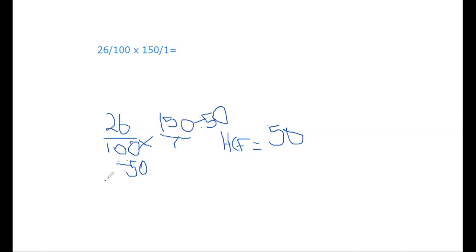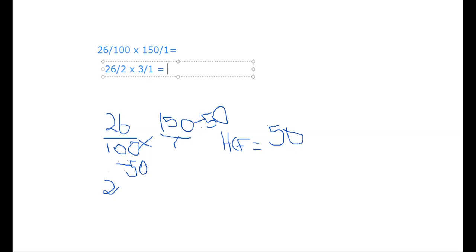Now since we are done with these fractions right here, let's write our new fraction. So our new fraction will look something like this. Our new fraction will be 26 over 2 multiplied by 3 over 1, because now they are simplified. They are simplified now, so that it's going to be easier for us to calculate, right?